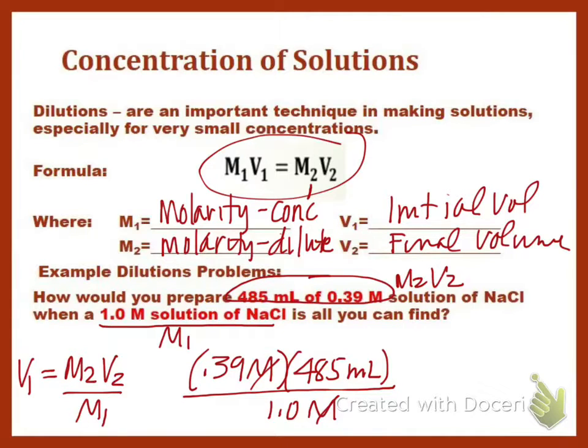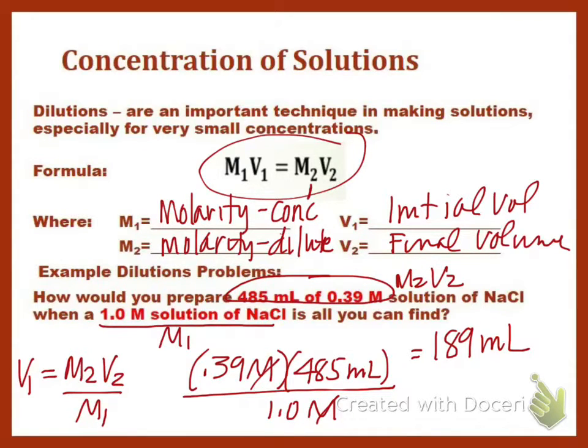And so we do that math, and we would get 189 milliliters. So the way that I would prepare this solution, and this is where a lot of kids get confused, is I would take 189 milliliters of my 1 molar solution, and I would add enough water to equal 485 milliliters.